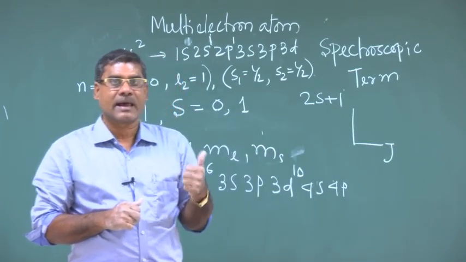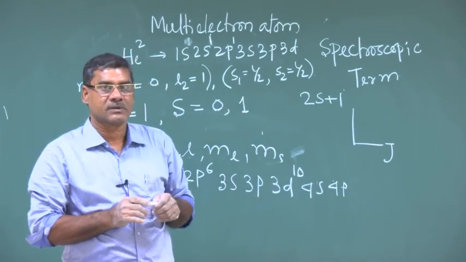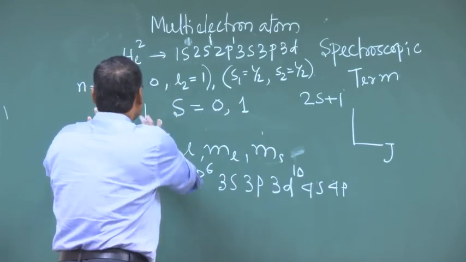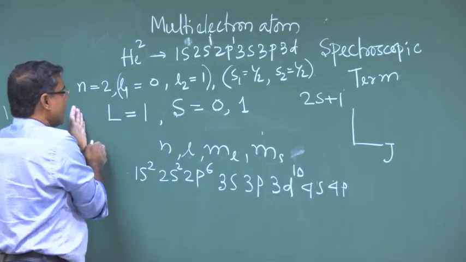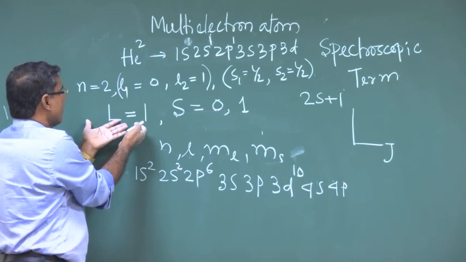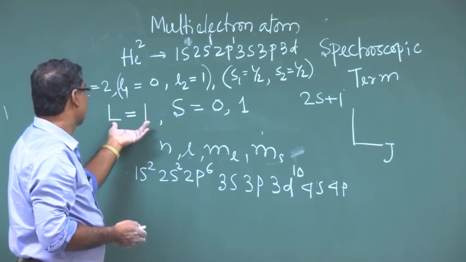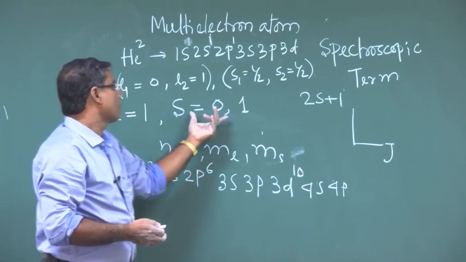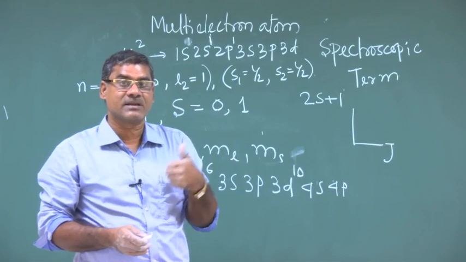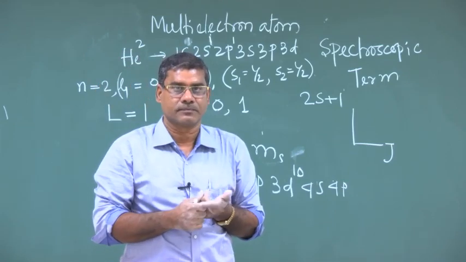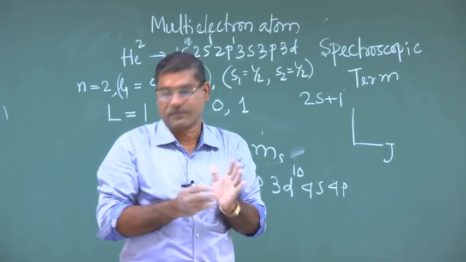So S can be 0 or 1. Now I have N equal to 2, total orbital angular momentum 1, and total spin angular momentum either 0 or 1. Both are possible.